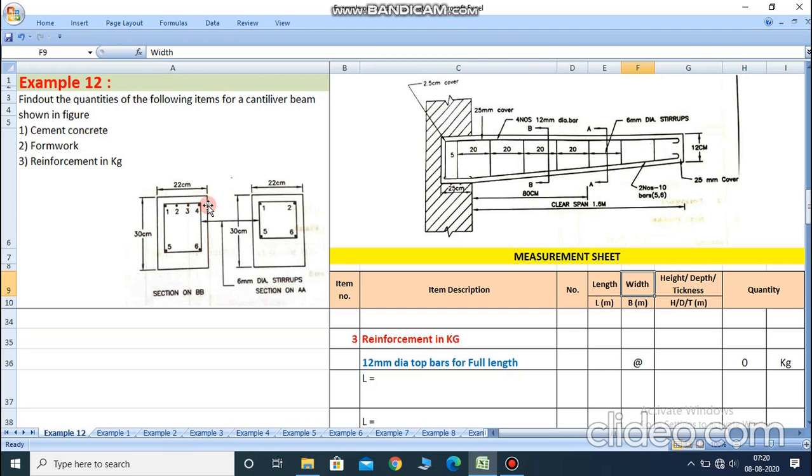So 2 bars are full length bars and 2 bars are curtail length bars. So here we write the number as 2.